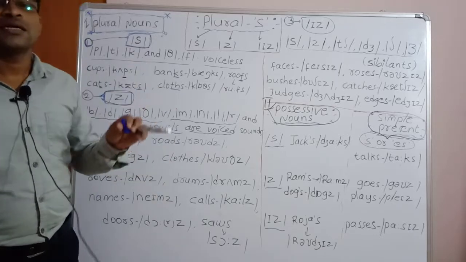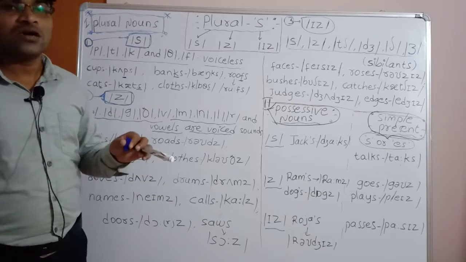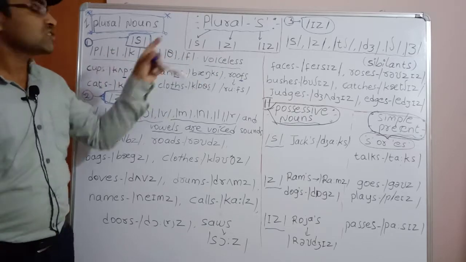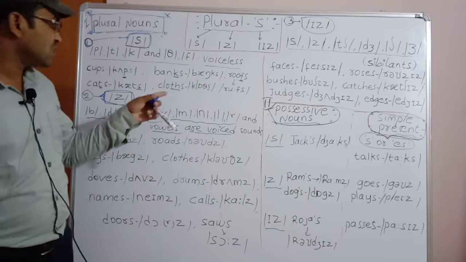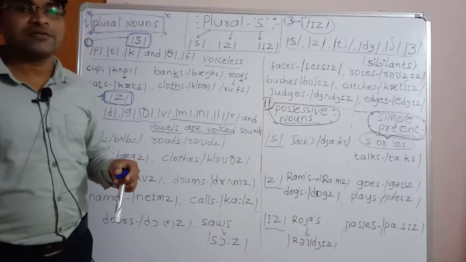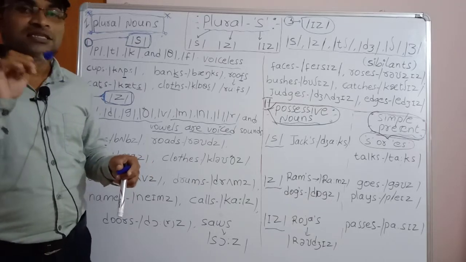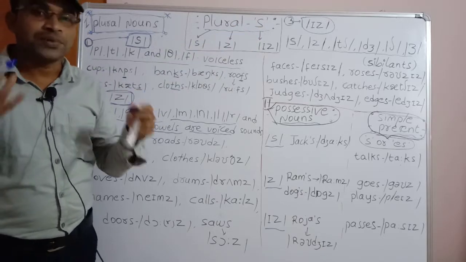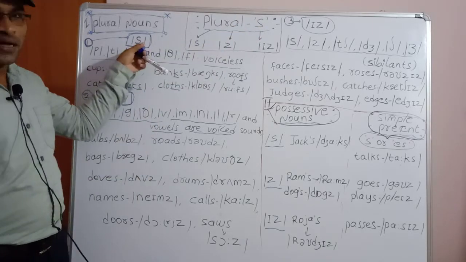So if the last sound of the noun is one of these voiceless sounds before the suffix is added, then the suffix s is pronounced as s.